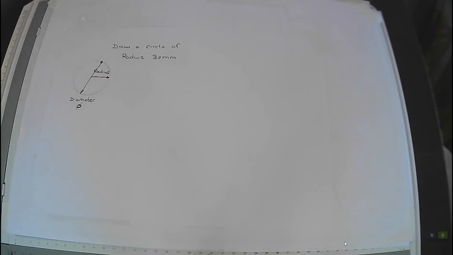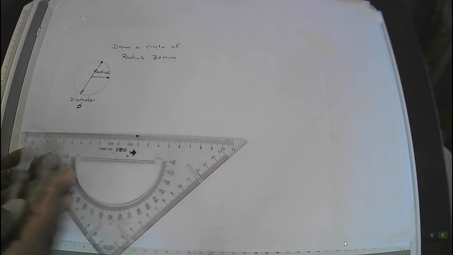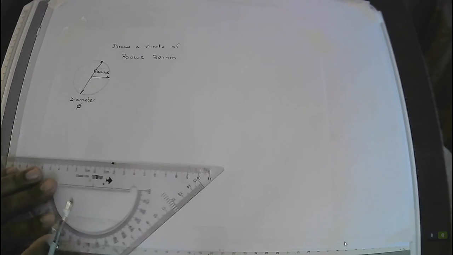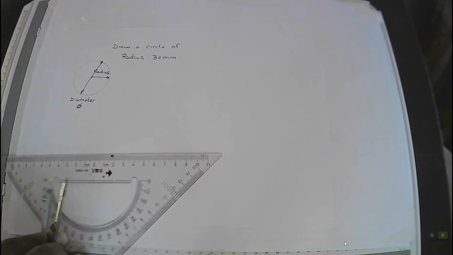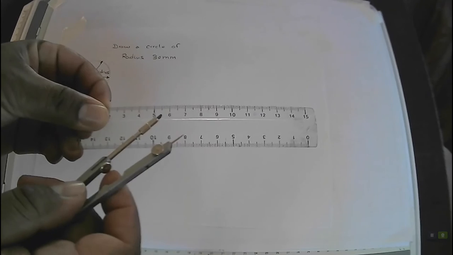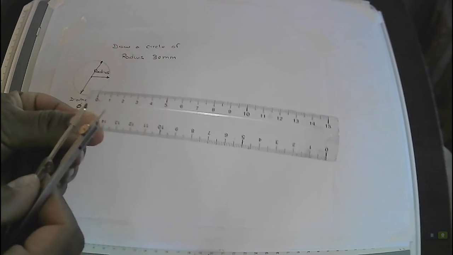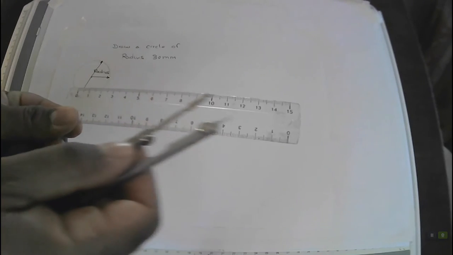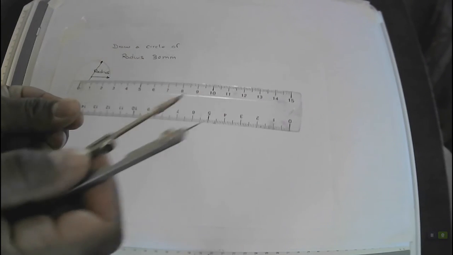On your ruler, you can see some measurements. Here I have a set square. You have measurements, generally in centimeters or in millimeters. On your ruler itself, you have some readings on it. It starts from 0 here, and this is a 15 centimeter ruler.